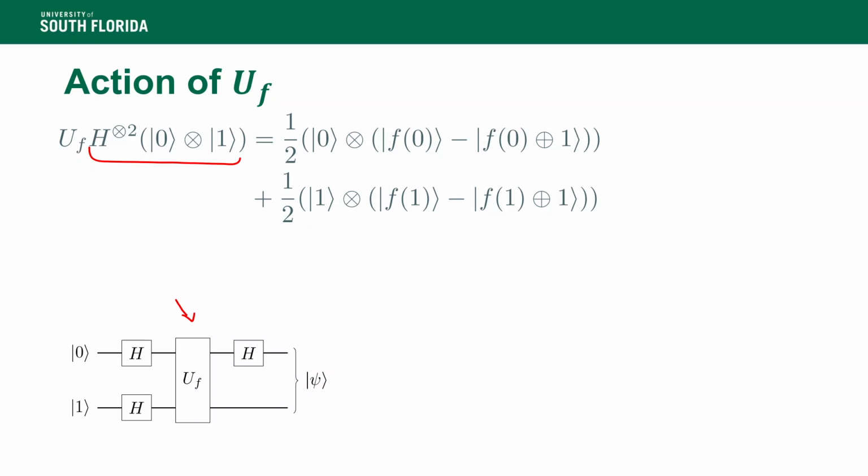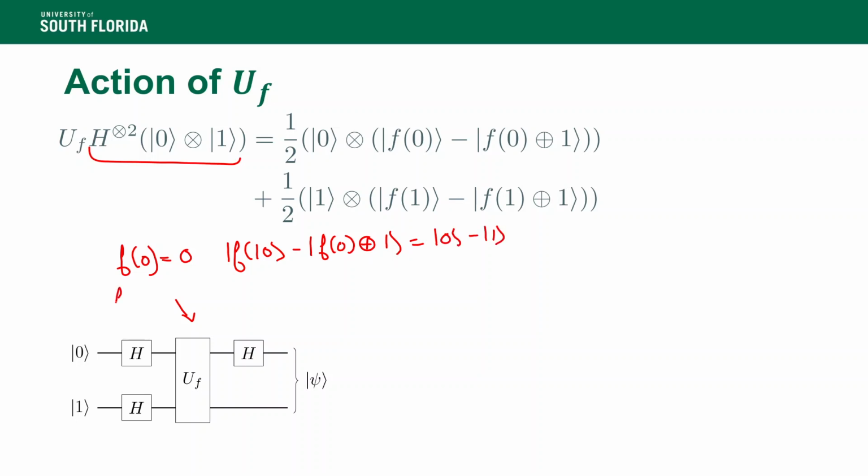So if f(0) is equal to 0, then we have that |f(0)> minus |f(0) XOR 1> is equal to precisely |0> - |1>.